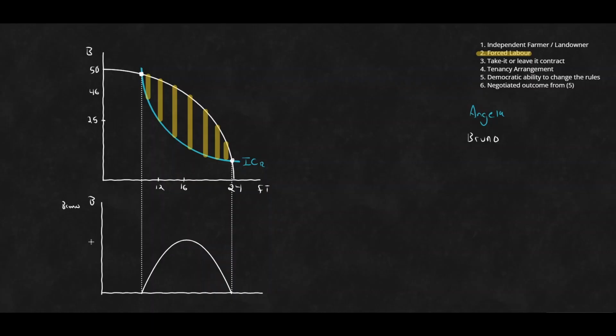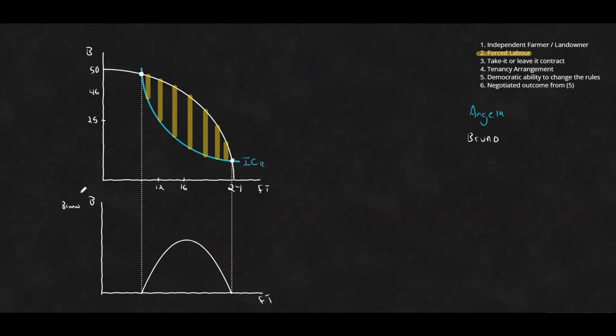He's getting more and more and more bushels as free time increases, it hits a maximum. I'm sorry, I realized I didn't label this axis. This is hours of free time as well, sharing the same axes. So Bruno's reward increases as free time increases, hits a maximum, and then as Bruno provides more and more free time to Angela, she provides fewer and fewer bushels to him.